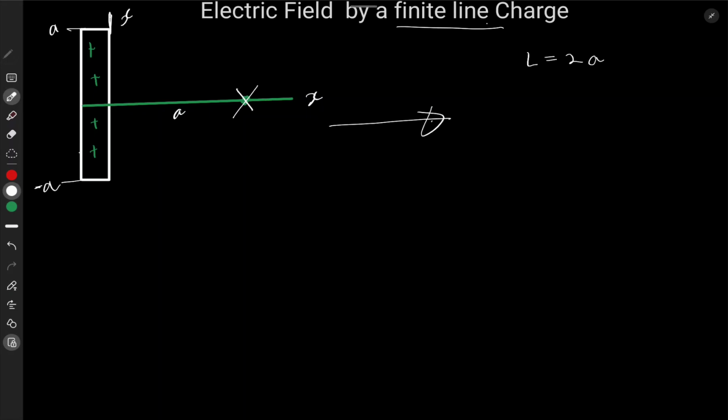But because we're looking at something like a line, it has some small part of it, like the one in red that I just highlighted here, that is actually exerting a force to here.